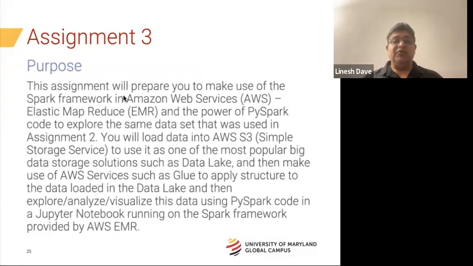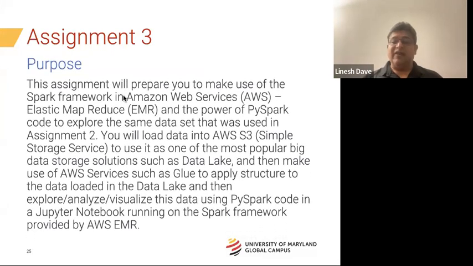The purpose is to make use of the Spark framework in AWS Elastic EMR, Elastic MapReduce, and also use the power of PySpark code to explore the same data set that was used in assignment 2, right?